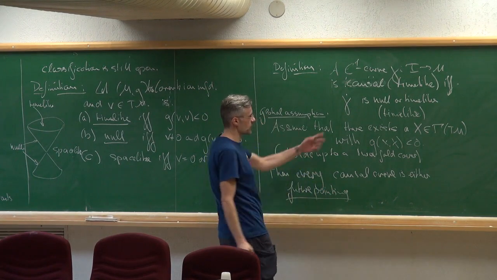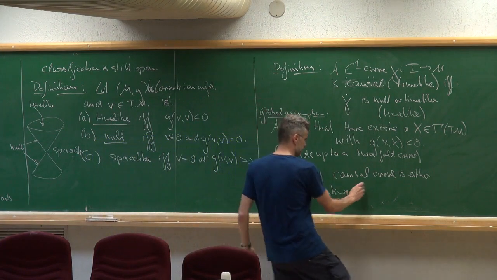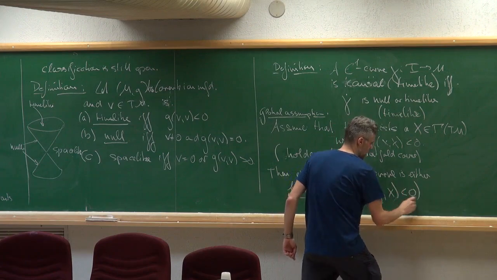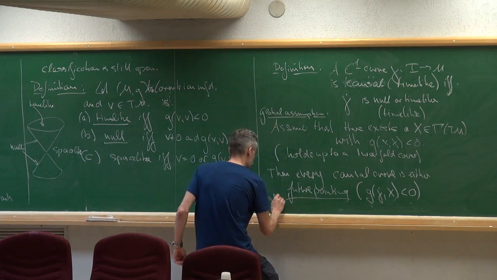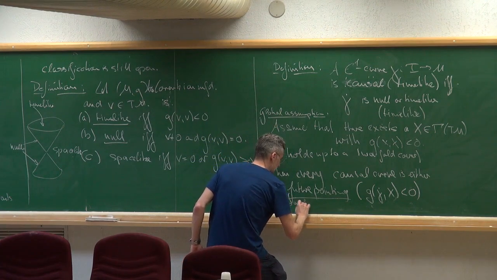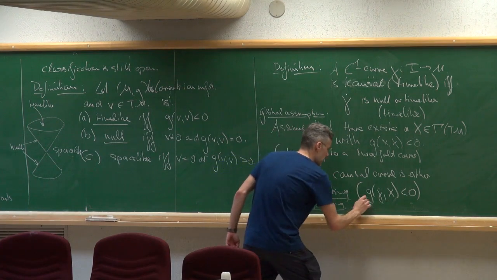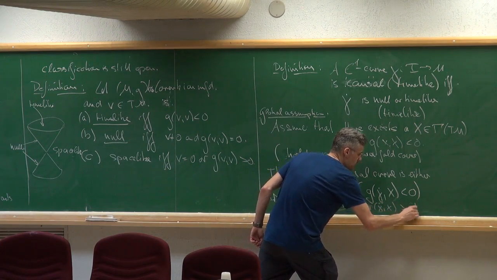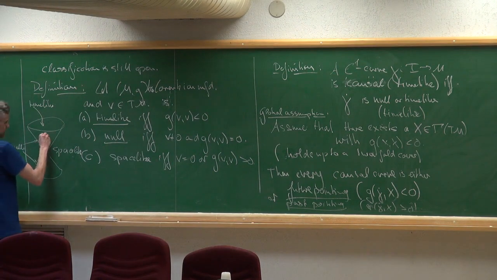So you fix one x, and then it's either future pointing, which means the inner product of x with the tangent vectors is negative, or past pointing, which means the inner product of x with the tangent vectors is always positive. We have this x here.